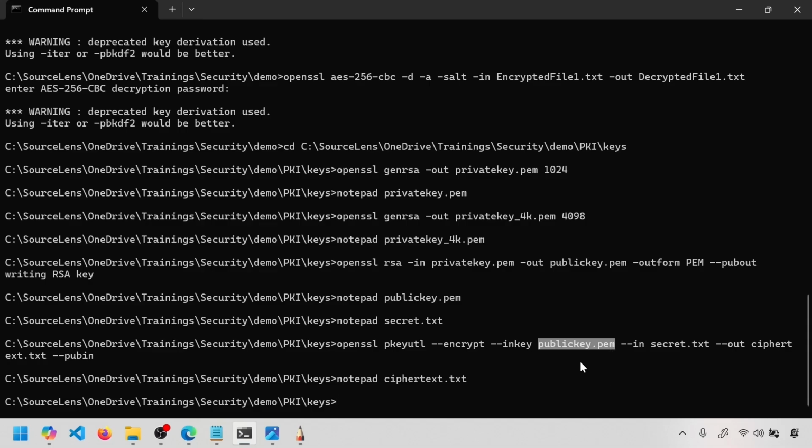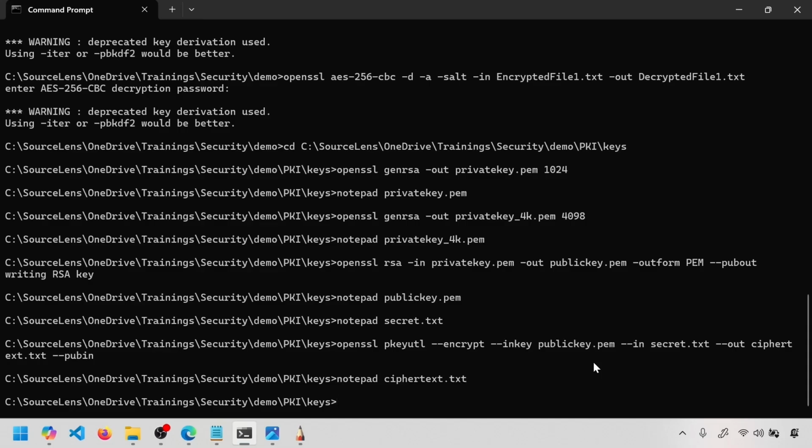Without the private key, we cannot decrypt this file. That's the whole point of this RSA or PKI infrastructure we are talking about. There is a whole lot of things running in the world because of this. So very, very important. Encryption is public key and decryption is private key.